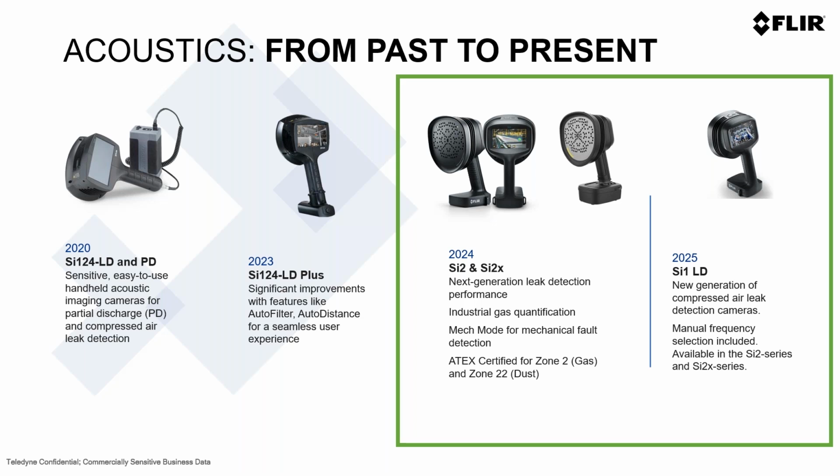As a big development of this camera, also present in SI2 and SI2X for those users that already have the camera, we added the band pass for frequency selection. So now users can have a frequency selection band pass if they require it for their own work.